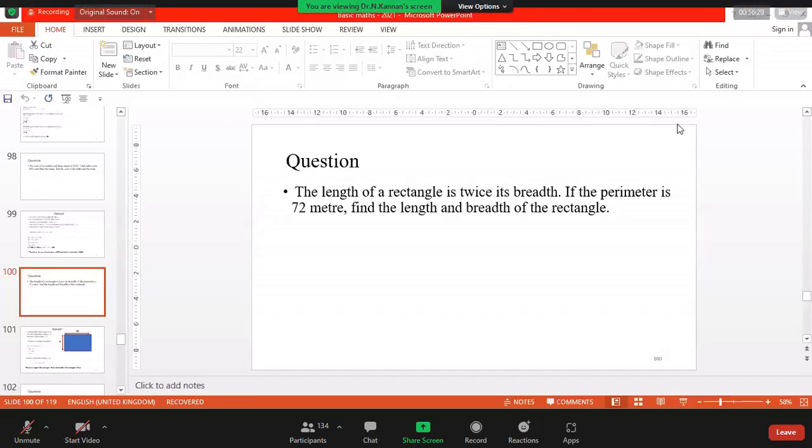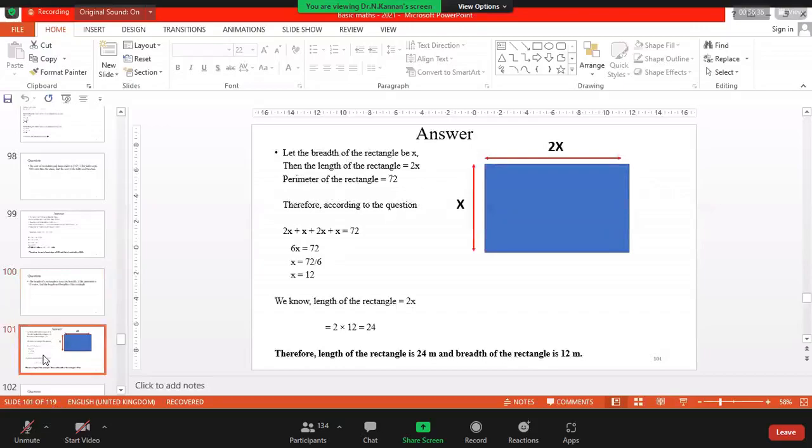The length of the rectangle is twice its breadth. So there's an equation. We take breadth as x and length as 2x. Then we can build up an equation: 2x plus x plus 2x plus x is 72 centimeters.